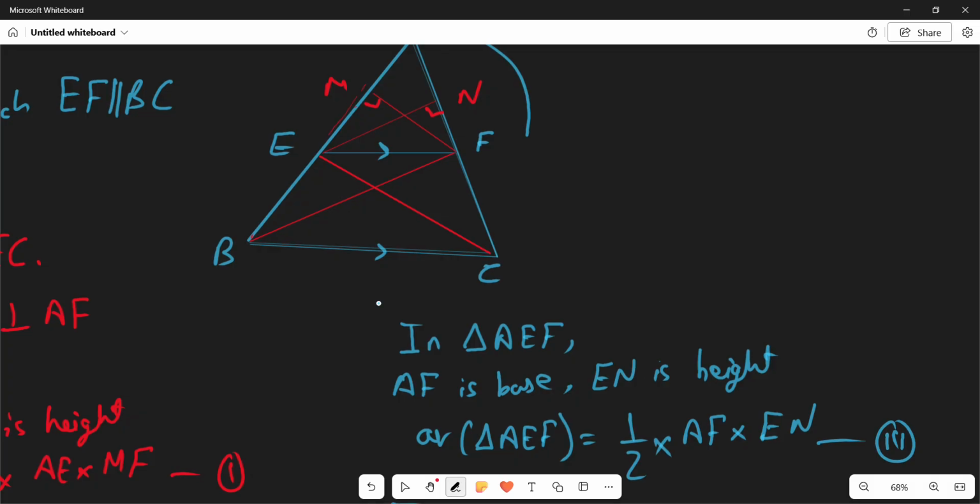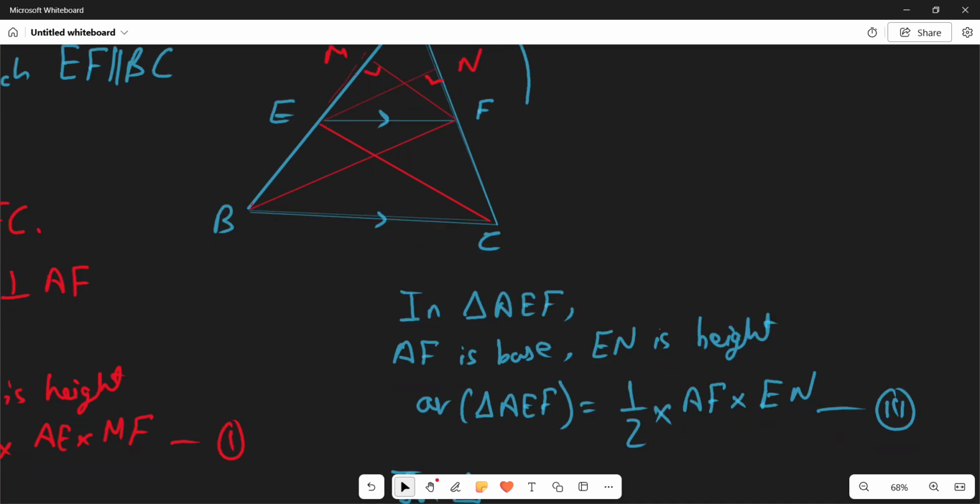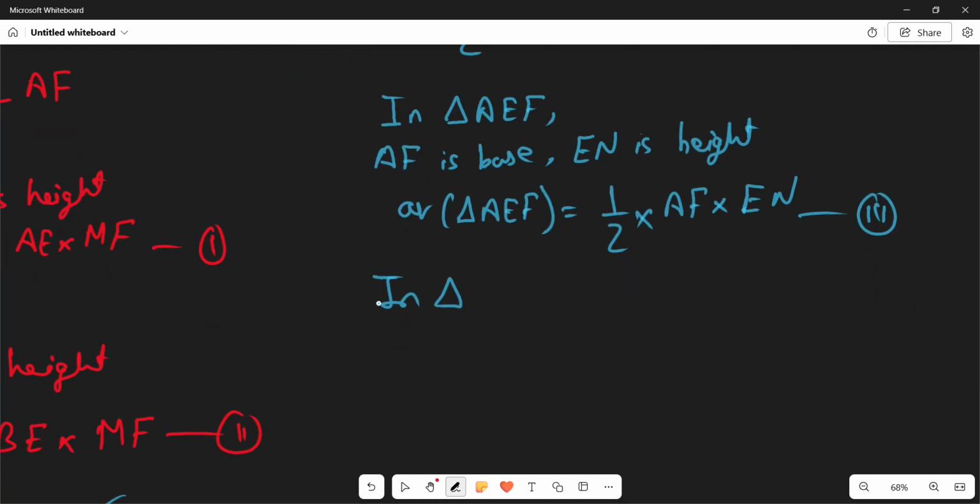Now in the lower triangle, in triangle CEF, this time CF is the base and again EN will be the height. So CF is base and NE, or EN, is height.